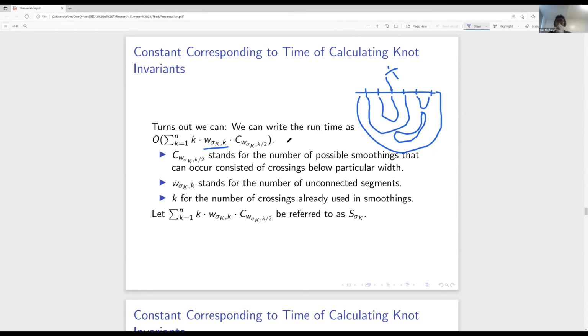So if we're able to use something like this to estimate the runtime, then we'll be able to develop algorithms that could tell us, let's say we rearrange the order of those crossings, whether we have truly reduced the runtime of calculating constants such as the confidence bracket.